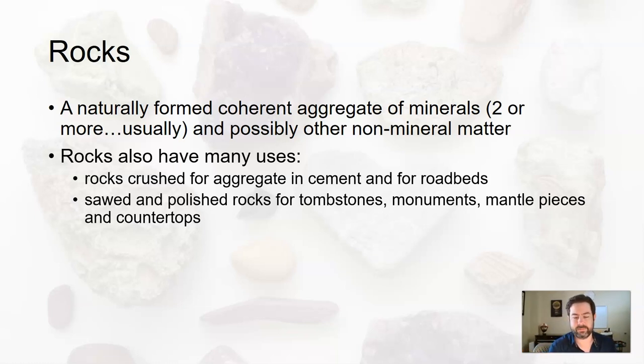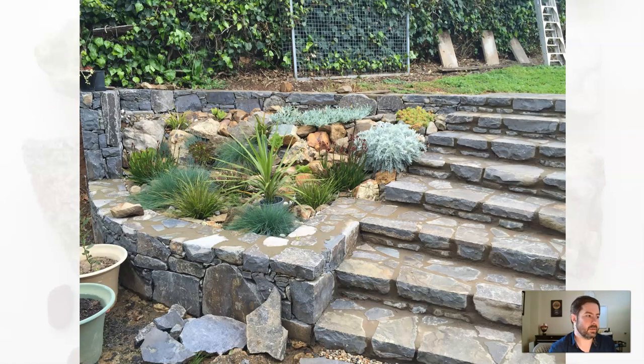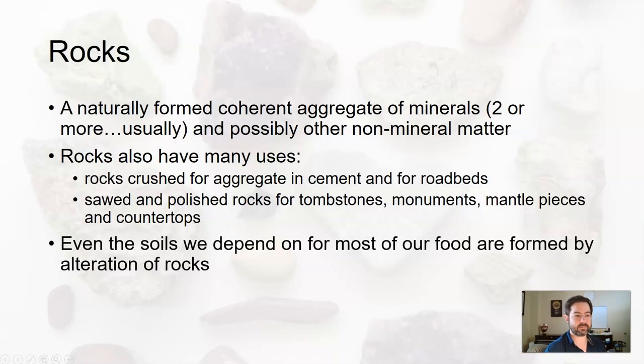It's also decorative: monuments, tombstones, countertops, a number of things. So just an example: not only the rocks that make up the structure, the rocks that are decorative, but the cement made up of rock and sediment and other aggregates that was mined out of the ground. Just a quick little example of how we use rocks.